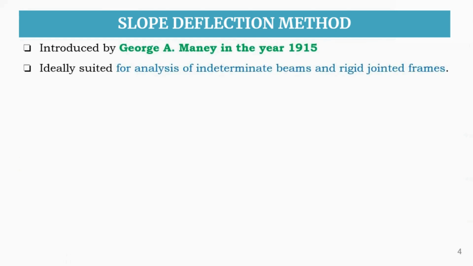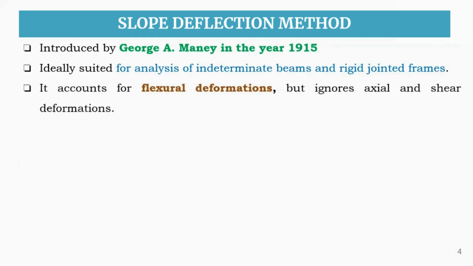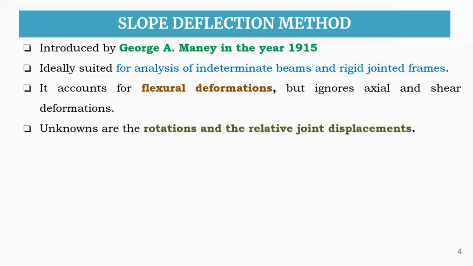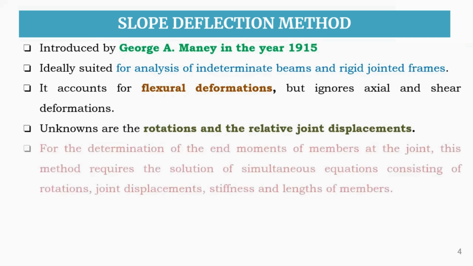It is ideally suited for analysis of indeterminate beams and rigid jointed frames. It accounts for the flexural deformations but ignores the axial and shear deformation. Here the unknowns are rotations and relative joint displacements, that is theta and delta.